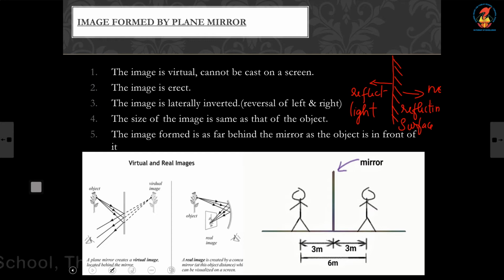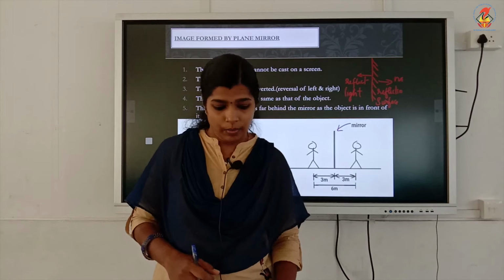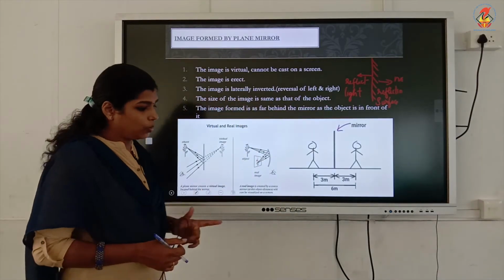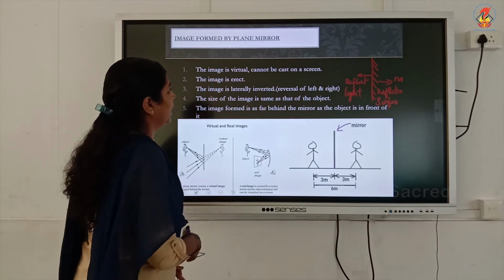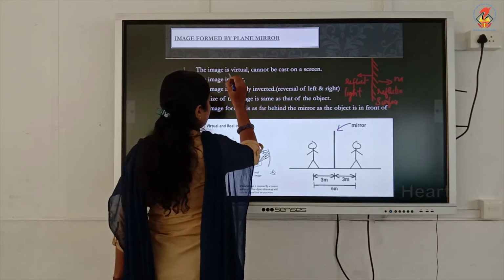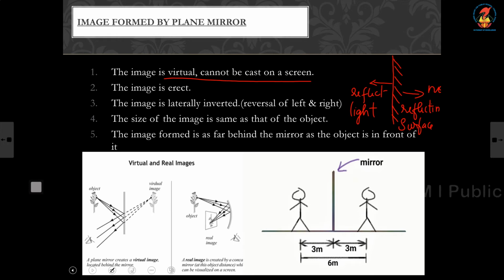So, what are the characteristics of the image formed by a plane mirror? First, the image is virtual and cannot be cast on the screen. In 6th standard you studied that a shadow can be seen only on a screen.